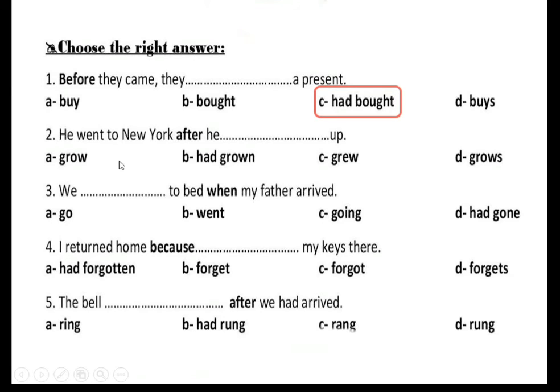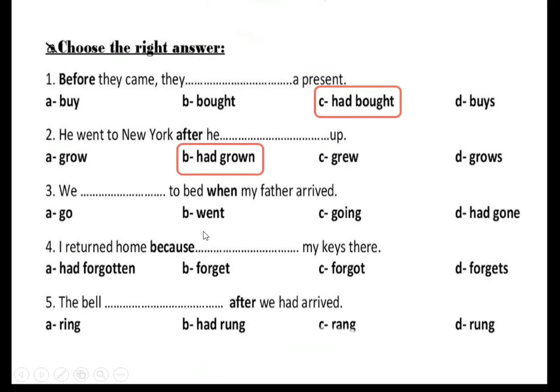Number 2. He went to New York after. As I said, after had, before had. He went to New York after he grow up, had grown up, grow up, grows up. Yes, past perfect, had grown. Number 3.